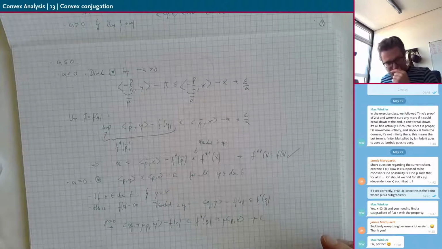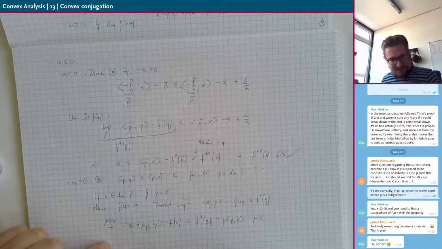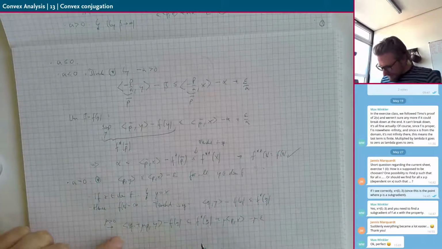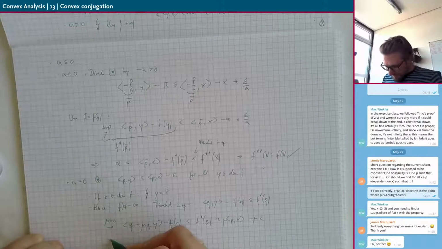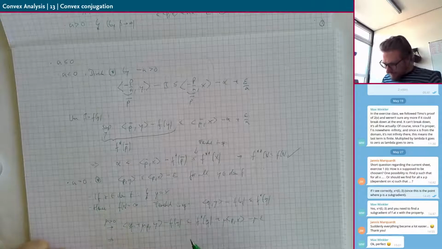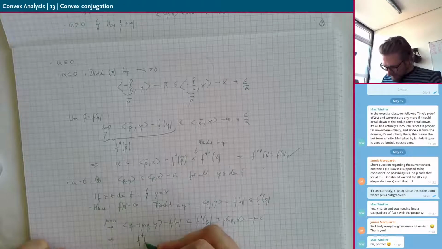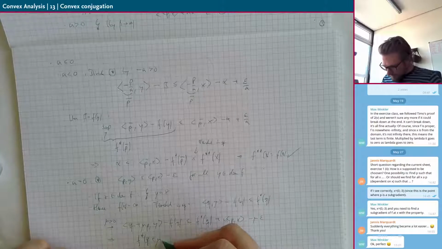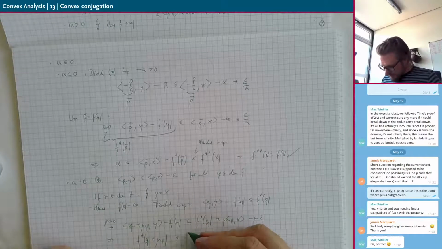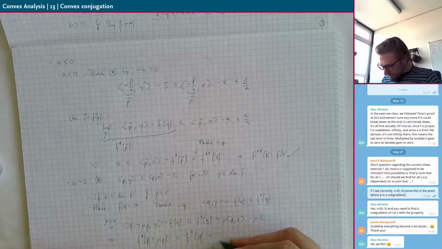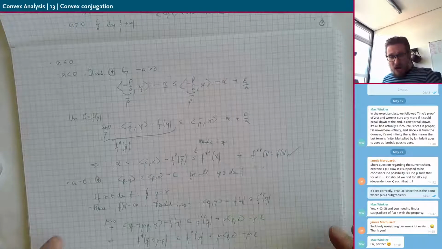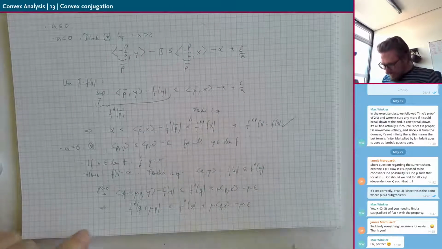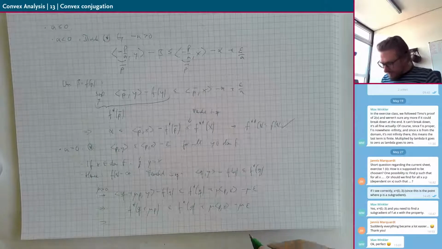And so now the interesting thing is that this still holds for all y and q. So we take the supremum over y on the left hand side and see that this is exactly f star of q plus mu times p, which is then smaller or equal to f star of q plus mu p x minus mu epsilon. Okay, we rearrange this again a little bit in the following way.